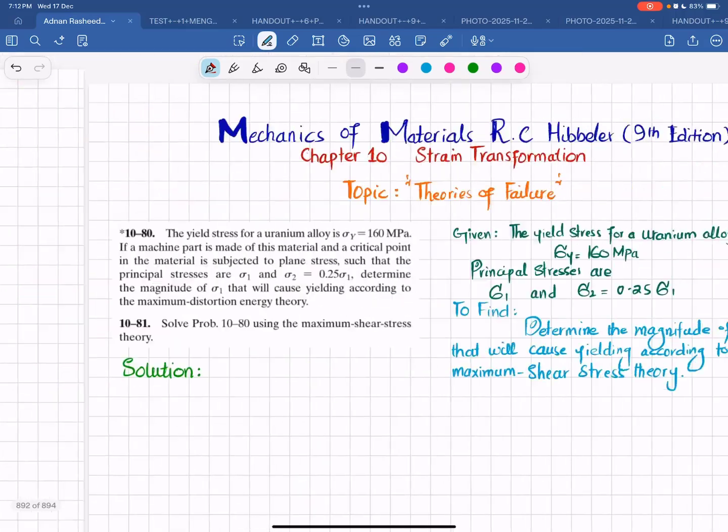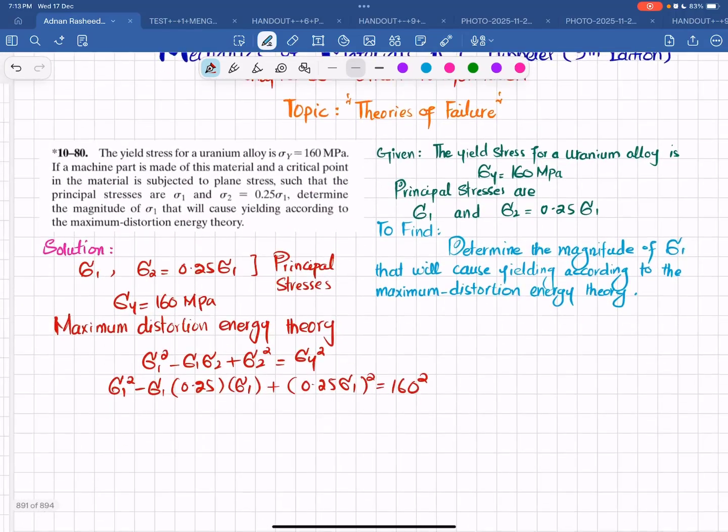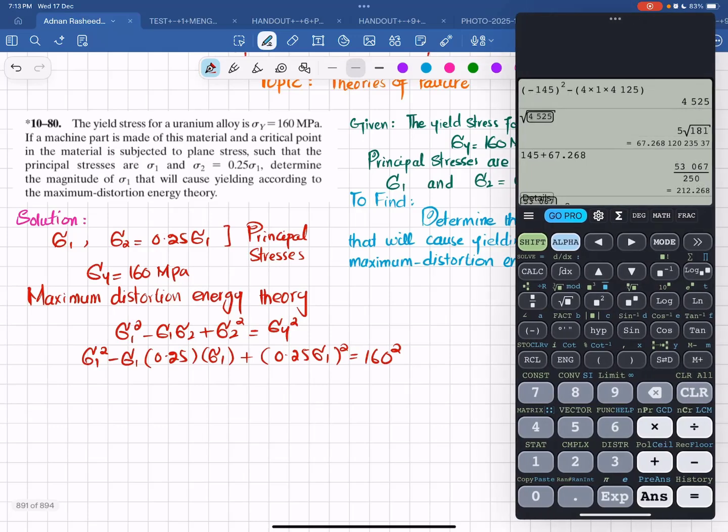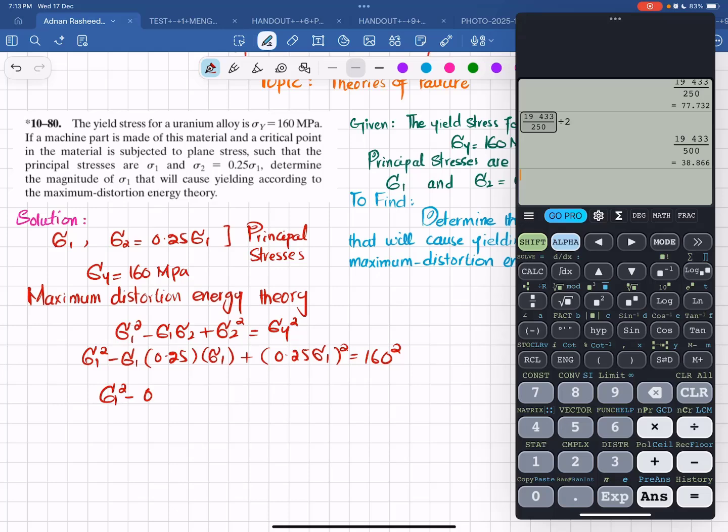Now we will find this: sigma 1 square minus 0.25 times sigma 1 square, plus 0.25 square, which gives 0.0625 times sigma 1 square, is equal to 160 square. So 160 square is actually 25600.